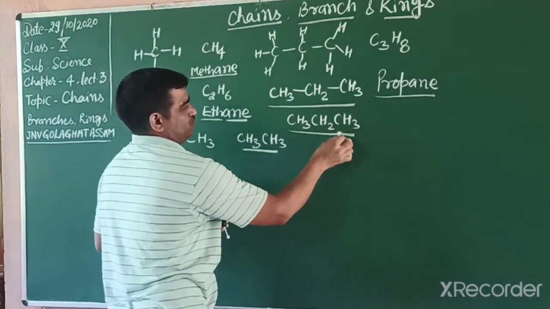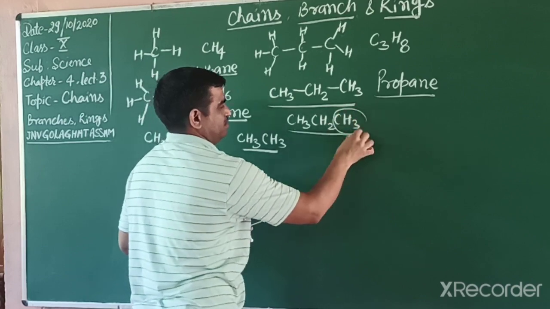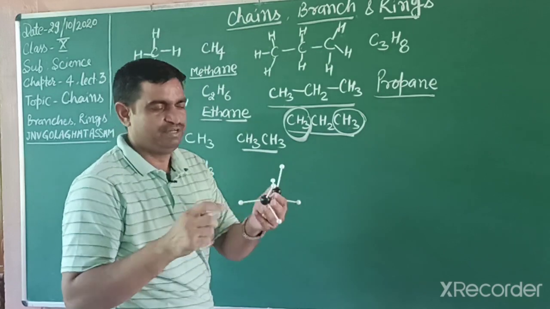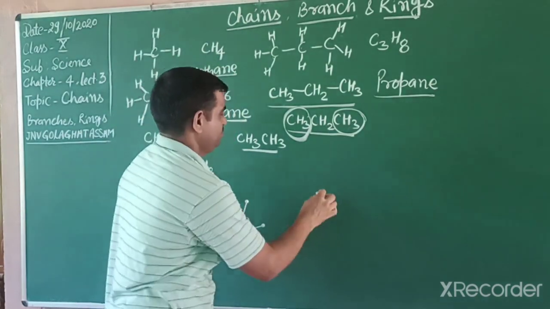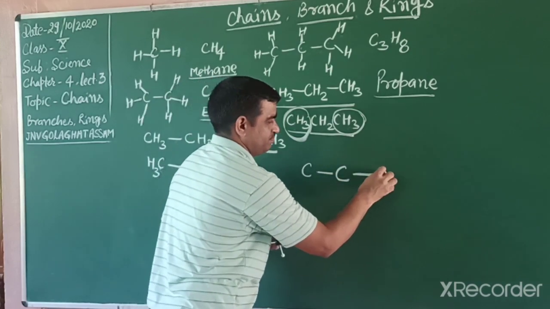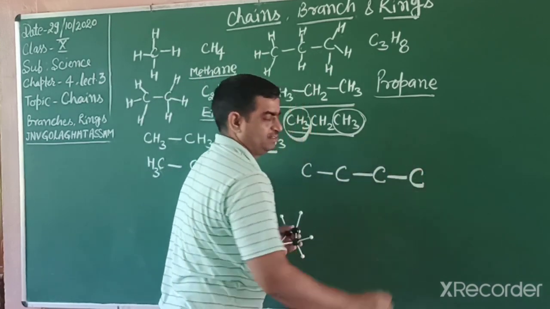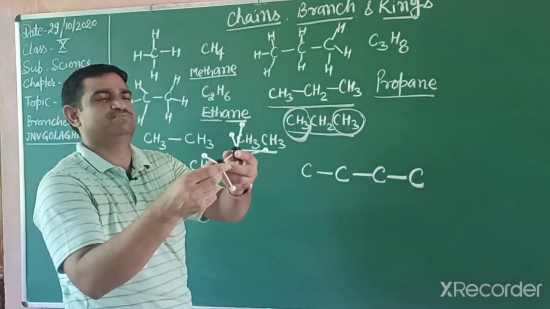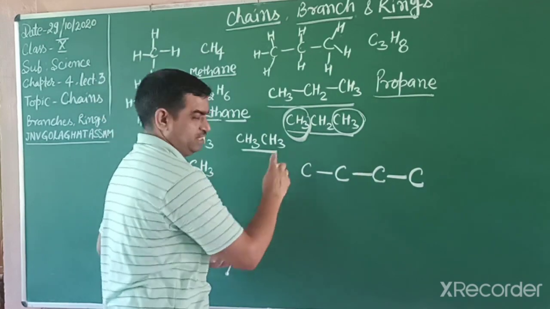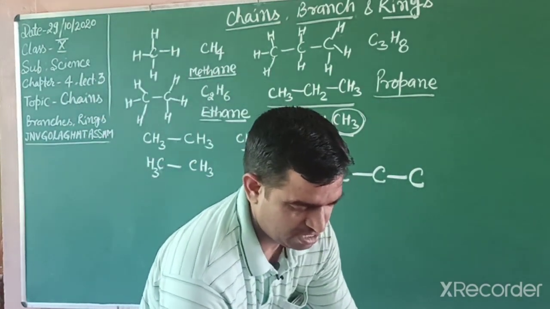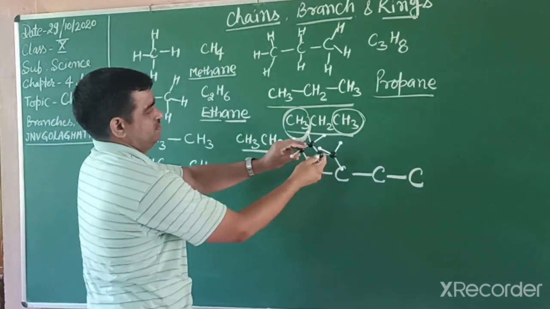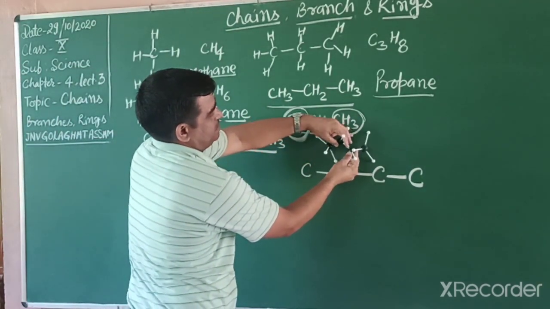These 6 hydrogens are equal. If we replace any one hydrogen, then we get this type of situation, 1, 2, 3, like this. If I remove any one of the hydrogens, then we get this type of molecule. In 3 dimensions it is represented like this.